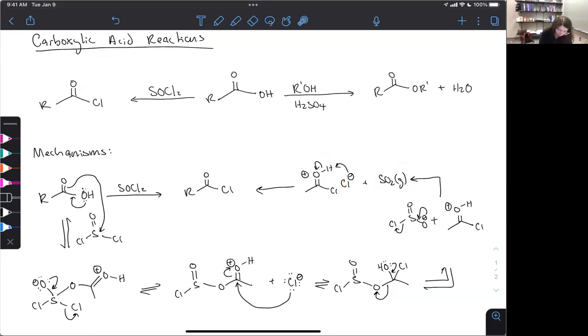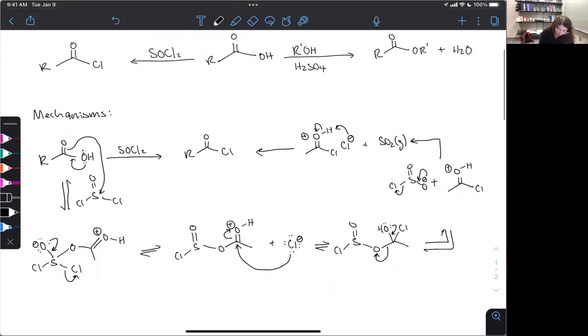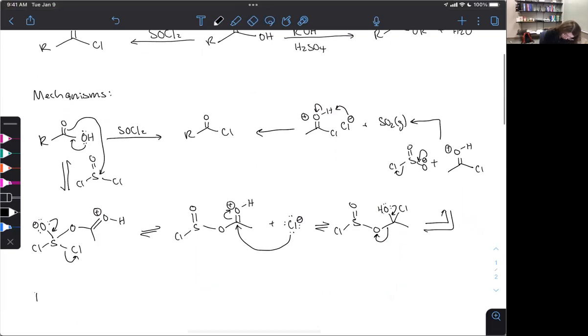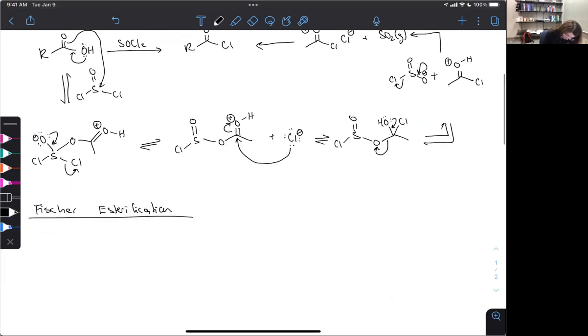Alrighty. So then we've got the Fischer esterification. So the Fischer is a really handy reaction. I'm just going to do it with ethanol here. Okay, so just like in previous times, we've got an acid.